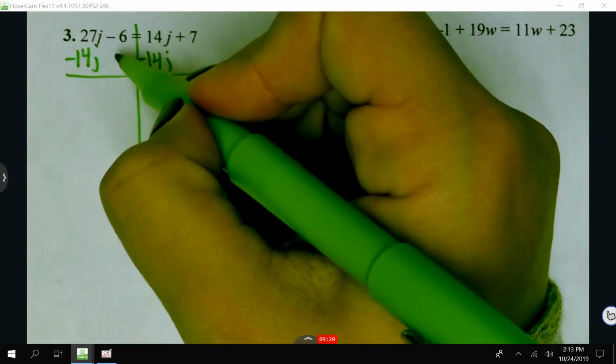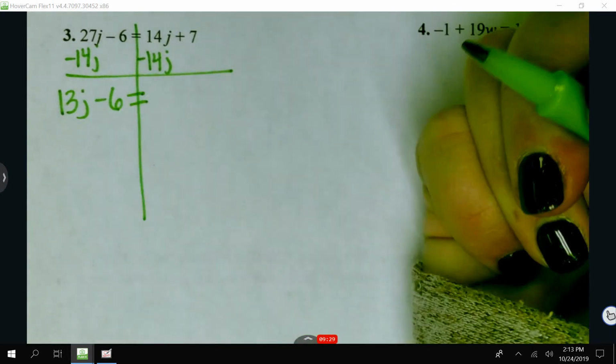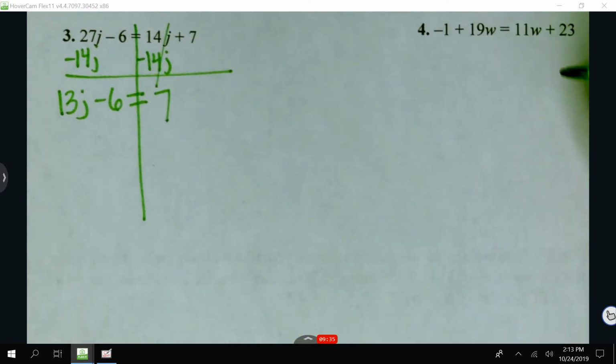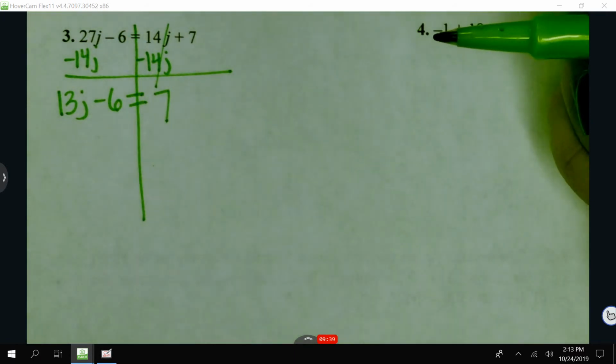All right, so on the left-hand side, 27J minus 14J, what does that give me? 13J minus 6 equals what? 7. So now do I have all my variables on one side? Yes, but I don't have all of my constants on one side, do I? No, I need that to happen. So what can I do?